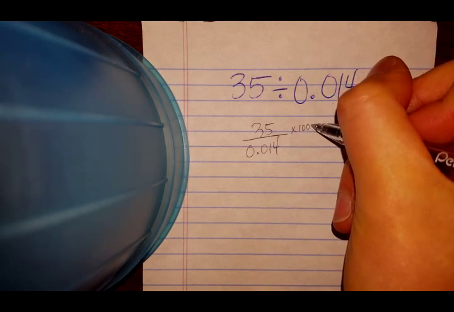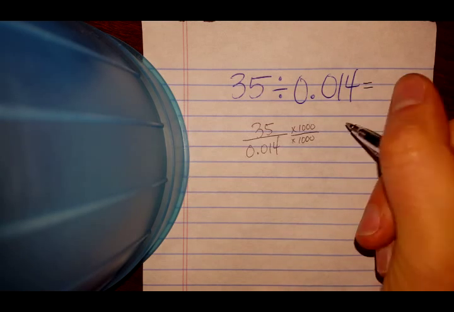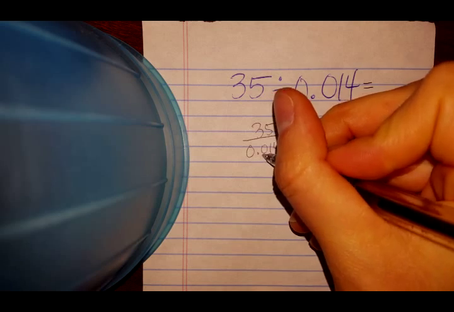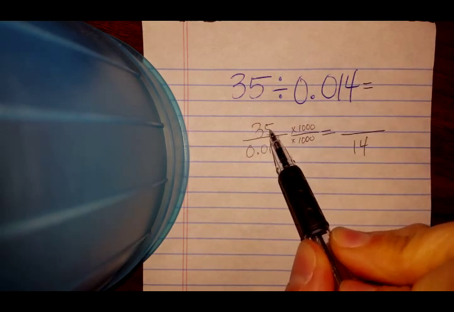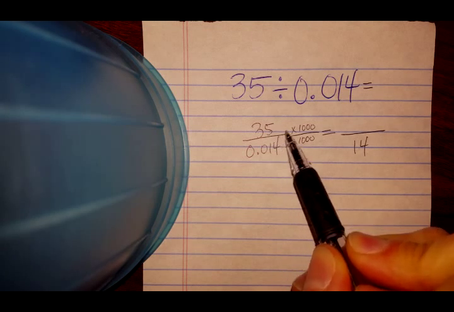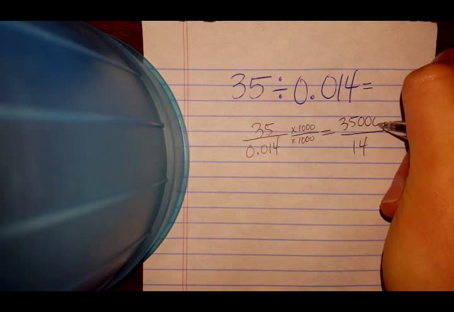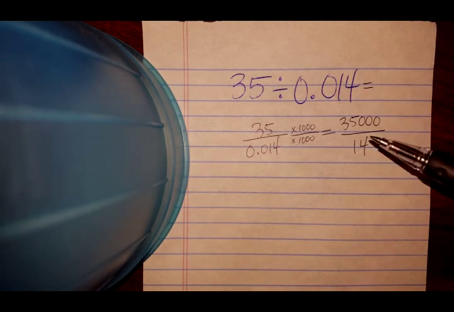So I know I'm multiplying by 1,000 over 1,000. And that will mean the 14 will finally be a whole number. But the 35 becomes 35,000. Whoa, that's crazy. All right, so now I have 35,000 divided by 14.